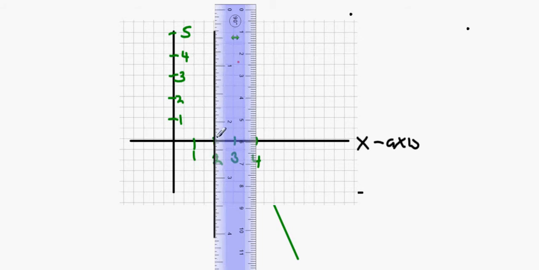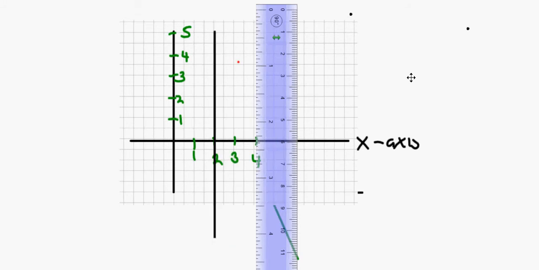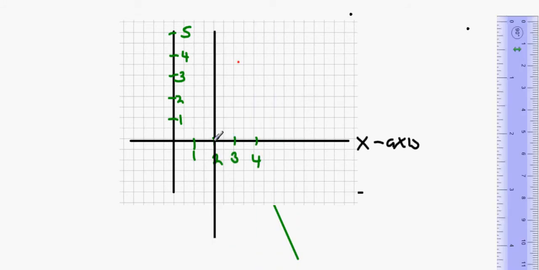You can see where it intercepts the x-axis. It intercepts the x-axis at the point (2, 0), because the x-axis is this line going across here.